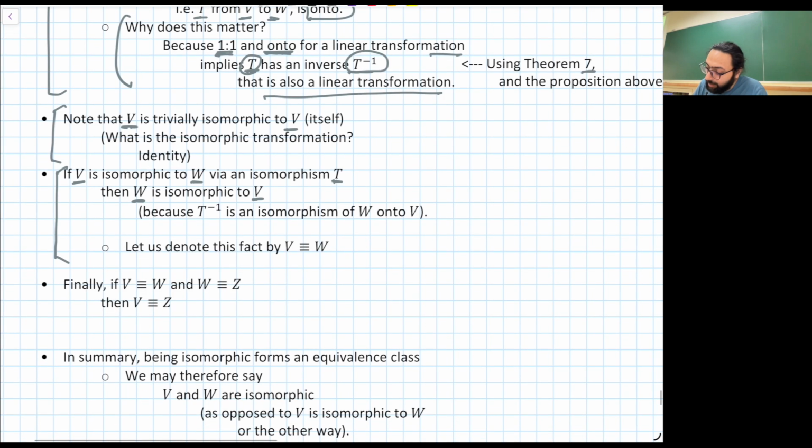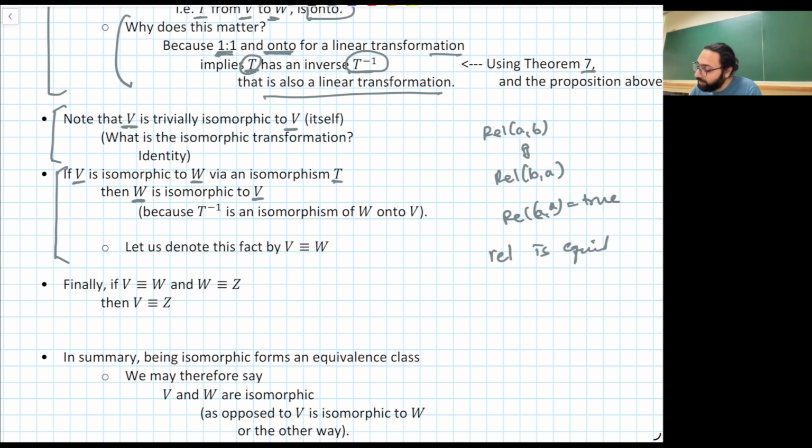So basically what we've said is that V is, I forget what the notation is. If relation AB is true, then relation BA is true, and relation AA is true, then we say that this relation is an equivalence.